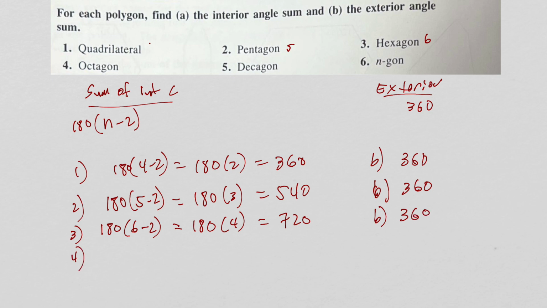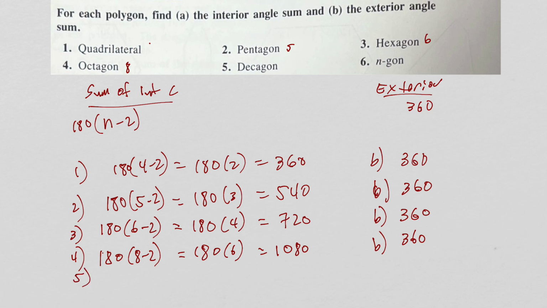Number 4, an octagon has 8 sides, so this is 180 times (8 − 2). Let's grab a calculator. 180 times 6 is 1080, and this would also be 360.